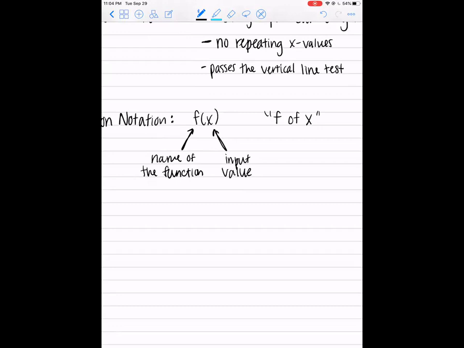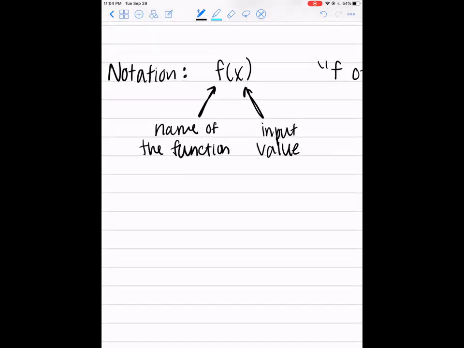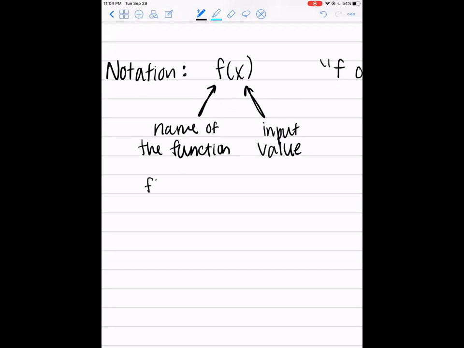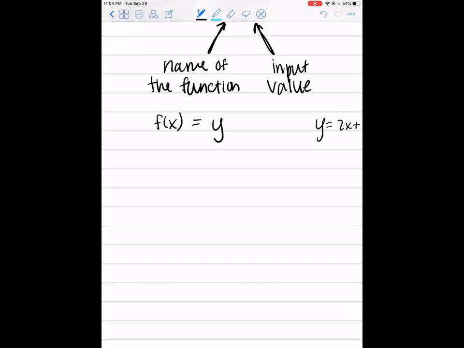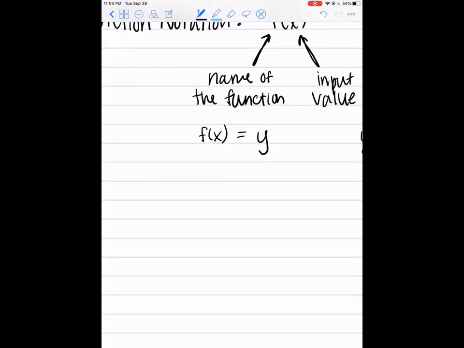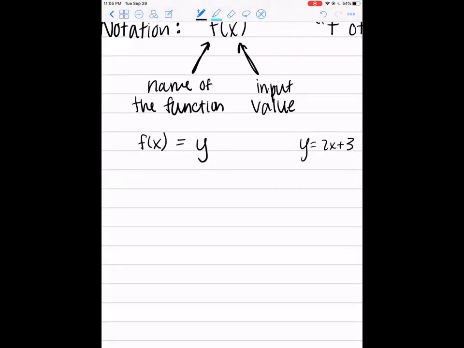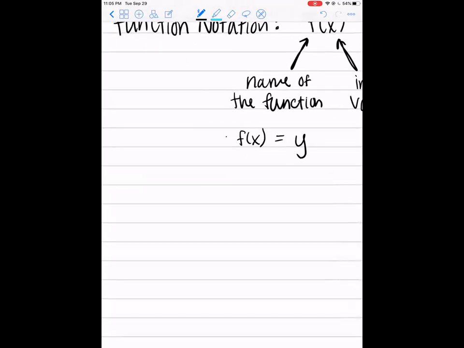But the one thing I want you to know is that if I say f of x, that's saying the same thing as y. As in, if I had an equation of y equals 2x plus 3, it's the same thing as saying a second variable, or our output, right? So these are both outputs.